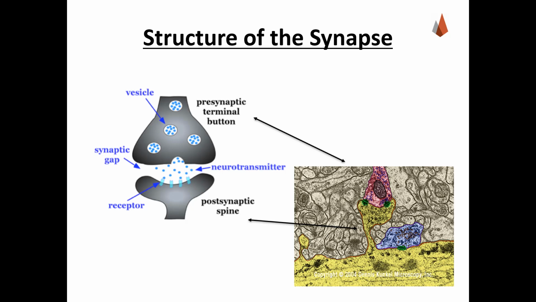What we're looking at is a tiny projection off of the dendrite that is specific to that other neuron and takes in information from there. So this one dendrite can have 1,000 dendritic spines along it, with 1,000 different synapses and connections. And that's just one neuron's dendrites.